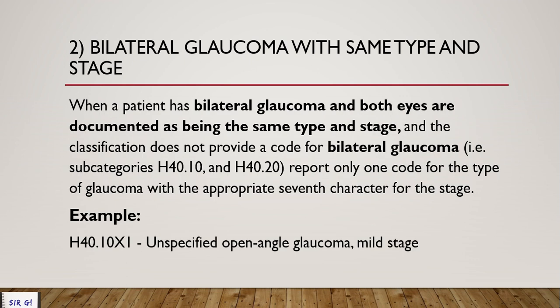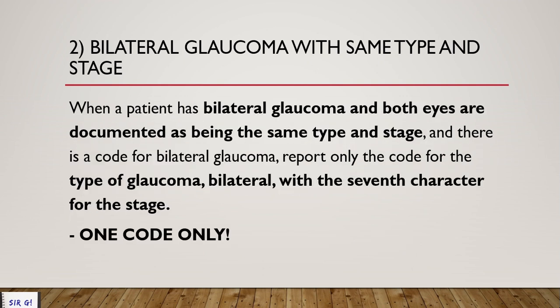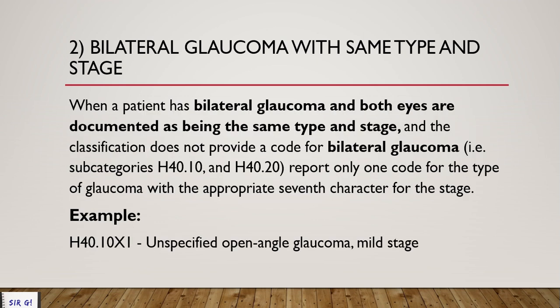But what if a patient has bilateral glaucoma and both eyes are documented as being the same type and stage? It is the same guideline, but a while ago I told you there's an option for bilateral, so one code only. What if there's no such classification? When a patient has bilateral glaucoma and both eyes are documented as being the same type and stage, but the classification does not provide a code for bilateral, what should we do?